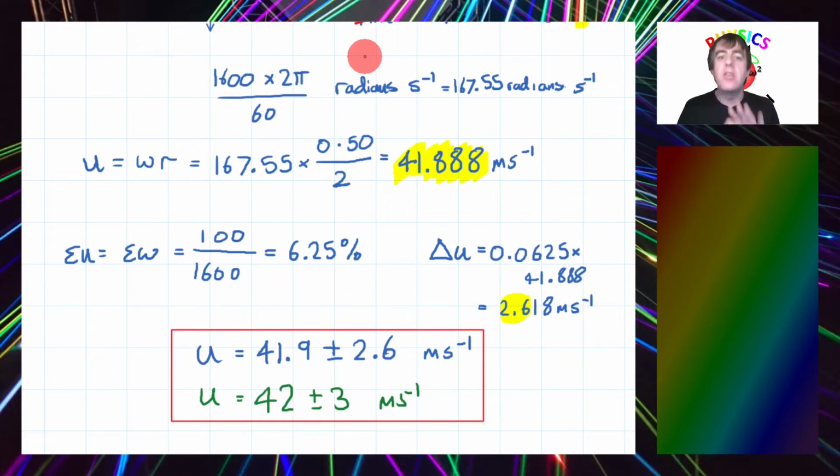When we're dealing with errors, then we use this rule: make sure the precision of your error matches the precision of your number after rounding your error to 2 significant figures. So this answer would be marked as correct. This answer you could potentially lose a mark for, even though there's nothing wrong with it.